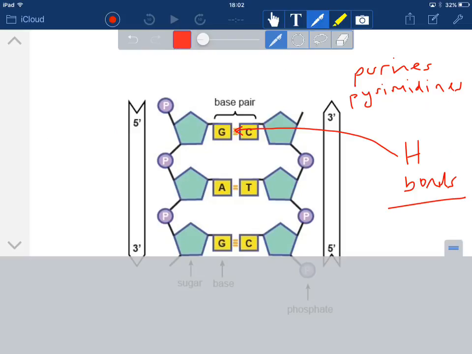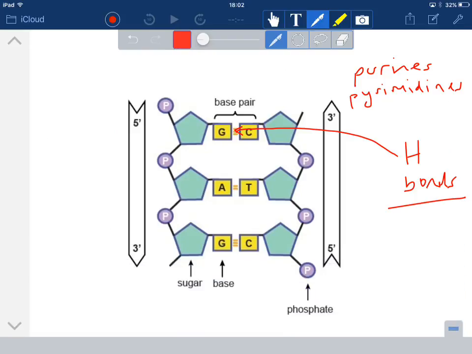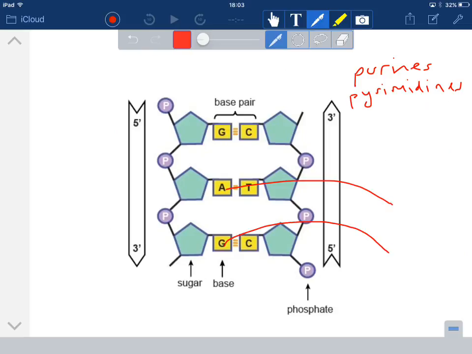So the next area that we need to know about is which are purines and which are pyrimidines, and how many hydrogen bonds form between them. Well, the purines, we can see on this diagram, are adenine and guanine.